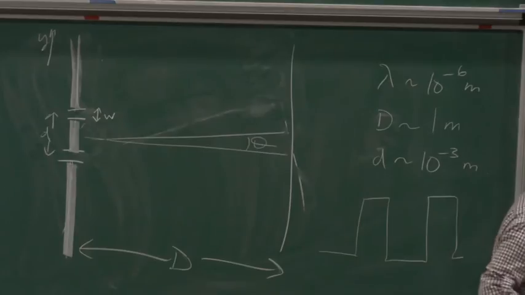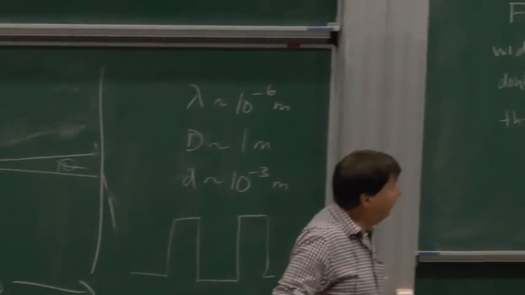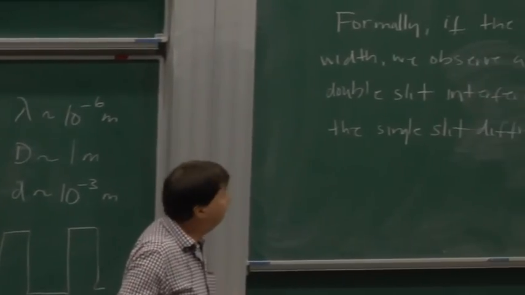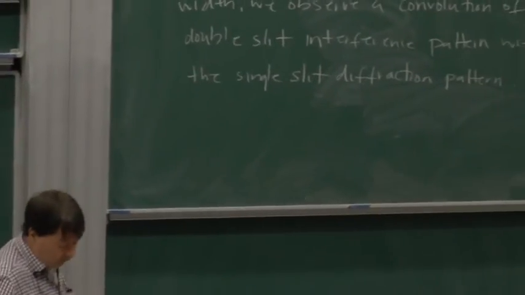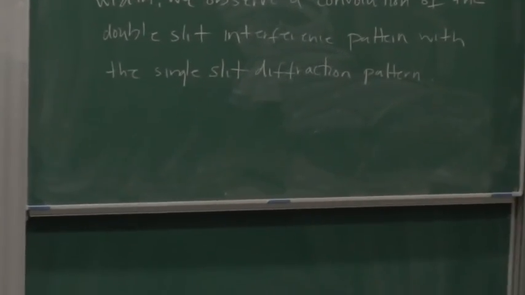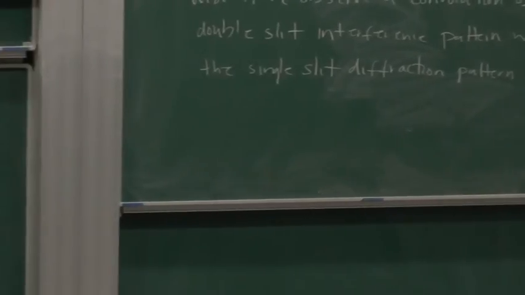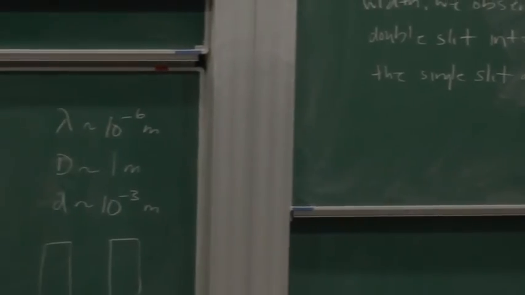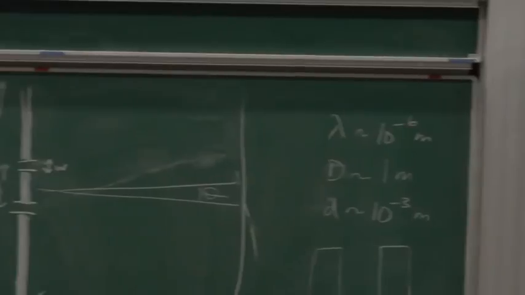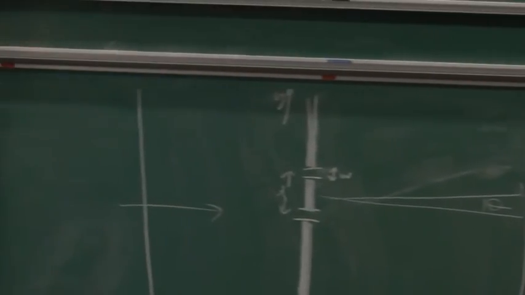So this question on the problem class next week is about where the zeros are in the double slit diffraction pattern. We could calculate the whole thing, but this is to illustrate the principle, where the single slit diffraction has a zero exactly where we're expecting one of this series of bright spots in the Young's double slit interference.